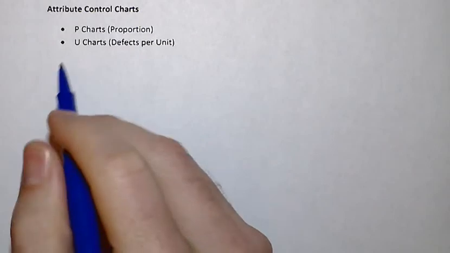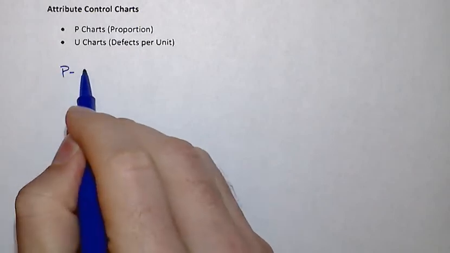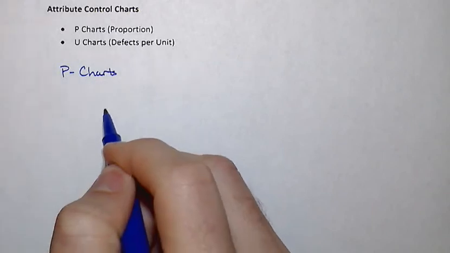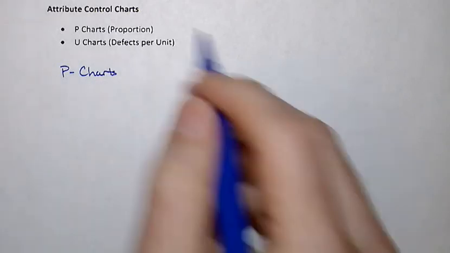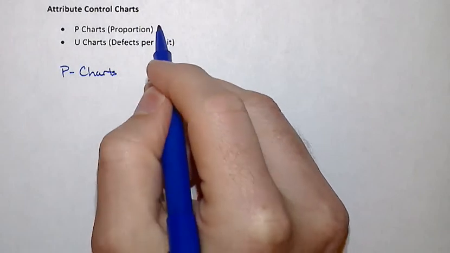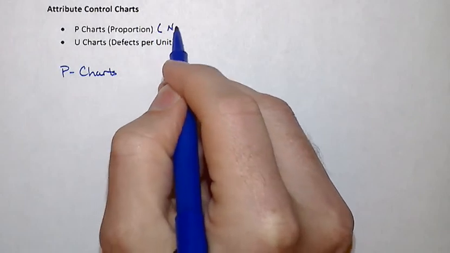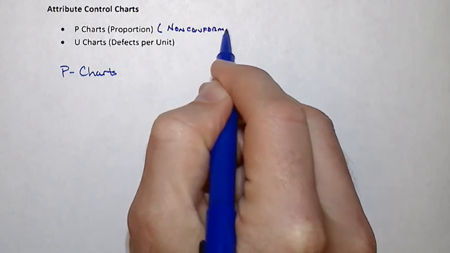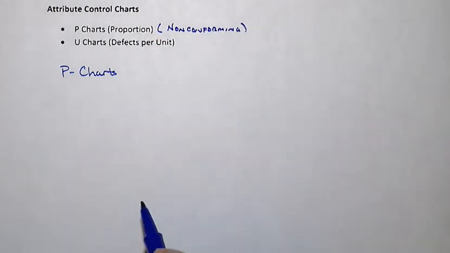And so here with the P charts, we're really focused on a proportion, and you might consider this to be defects, but remember it could be more generally non-conforming as opposed to only defects. Right?